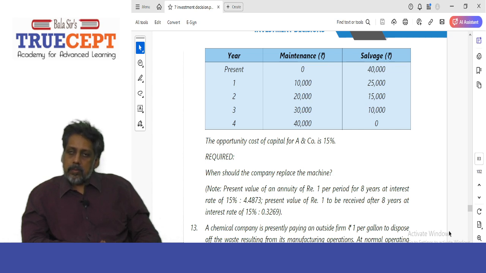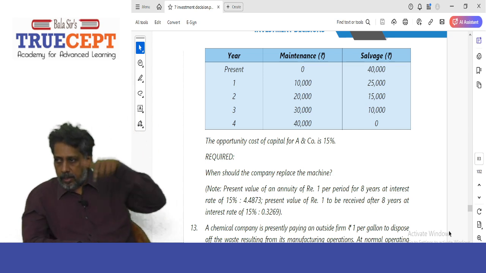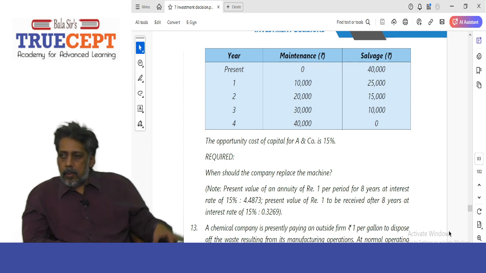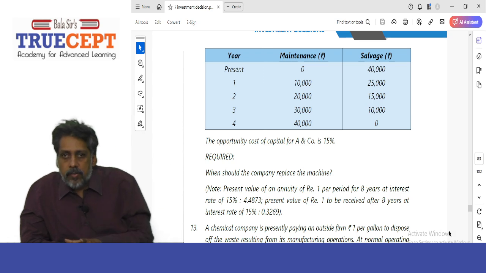Next, year 3. Maintenance 30,000, salvage value 10,000. That means in case you decide to replace the existing machine after 3 years, you'll be incurring 10,000 for the first year, 20,000 for the second year, another 30,000 for the third year on maintenance, and then you will be able to sell the existing machine for how much? 10,000. Only 10,000 rupees at the end of year 3.